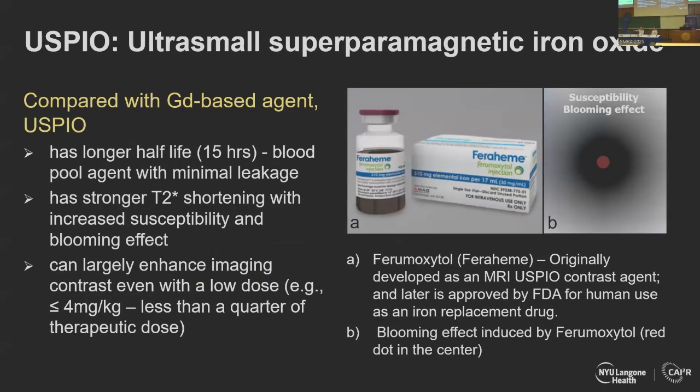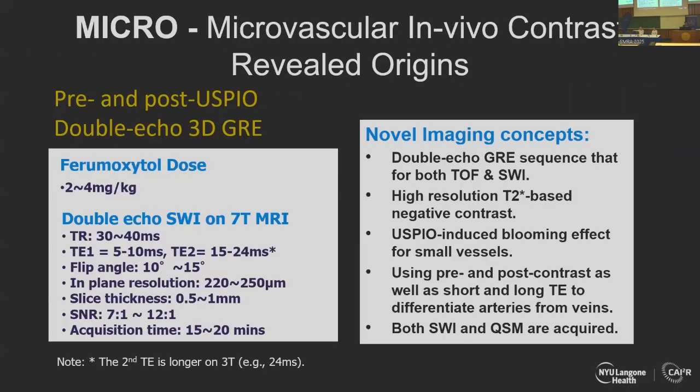I don't think I need to explain what Ferumoxytol or USPIO is, because several talks in the past 2 days already covered this topic. But I do want to emphasize that compared to the gadolinium contrast agent, USPIO has a stronger T2 shortening and also a bigger blooming effect. And what is MIVIC?